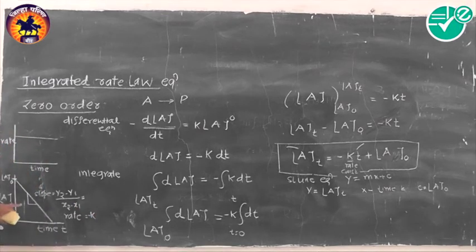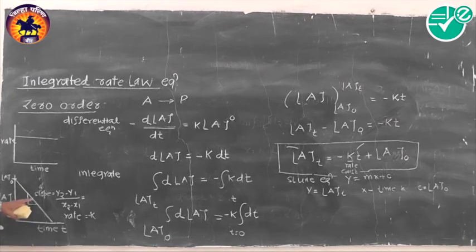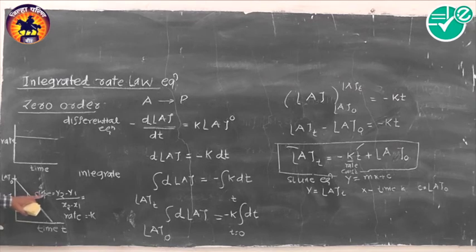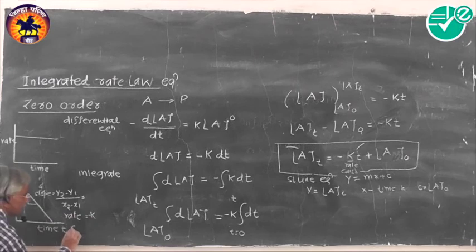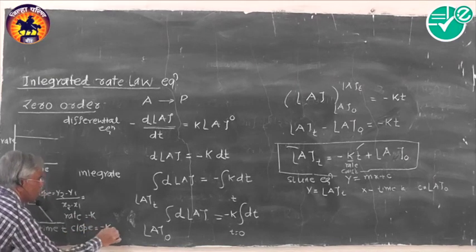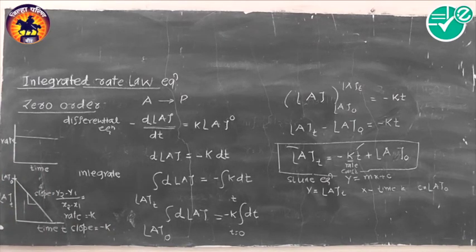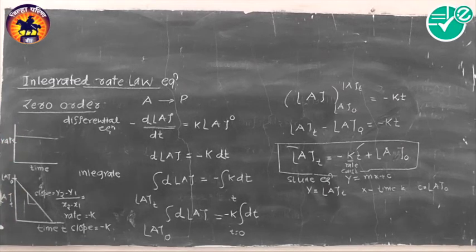And so graphically, after the experiment, plot the graph, and after the graph calculate the value of the slope, and from the slope you can calculate k. Here I will write slope equal to minus k, or k equal to minus of slope. So we can have the value of the rate constant k for zero order reaction.